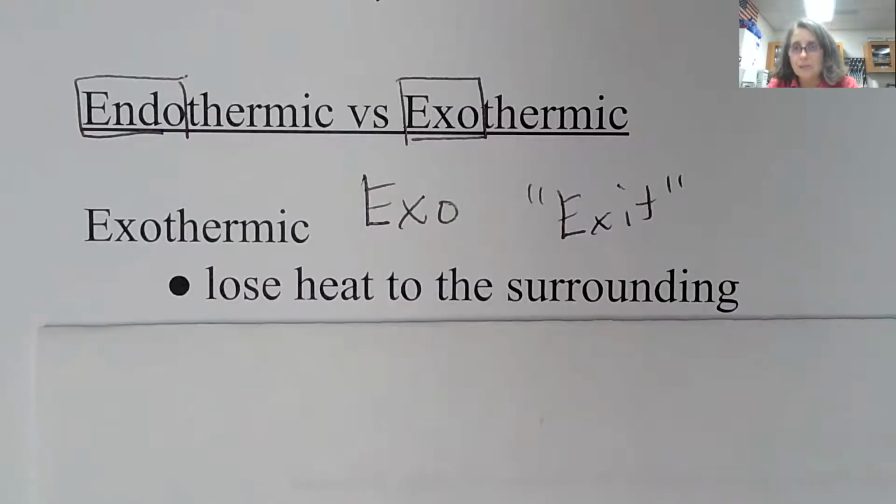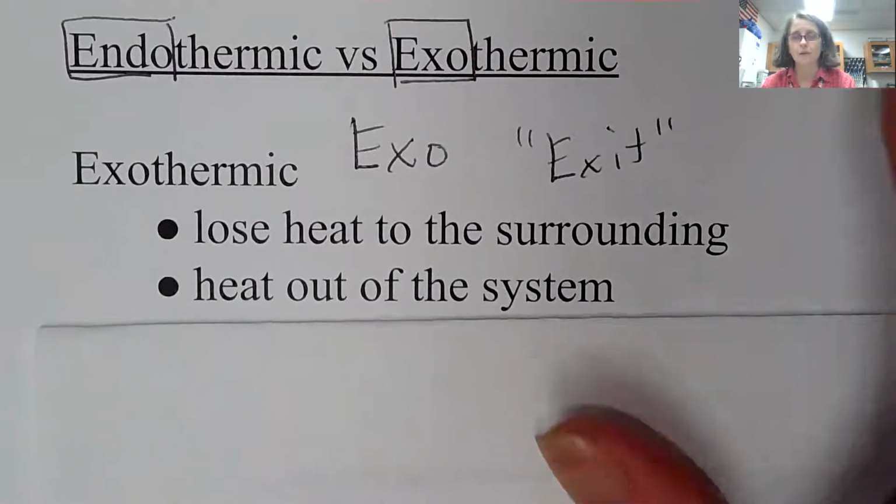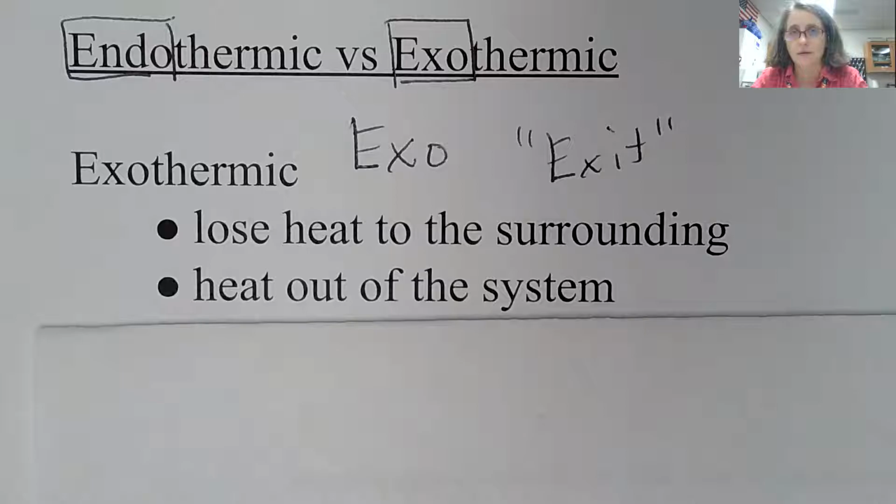We are losing heat to the surroundings. So again, from the perspective of the system, we're losing something. Another way I could say it is heat is coming out of the system. So again, I am losing something if I am the system, if it is an exothermic process.